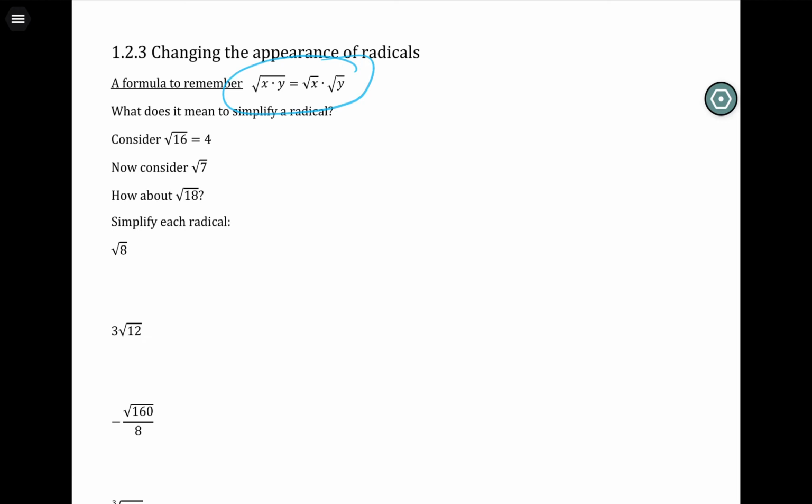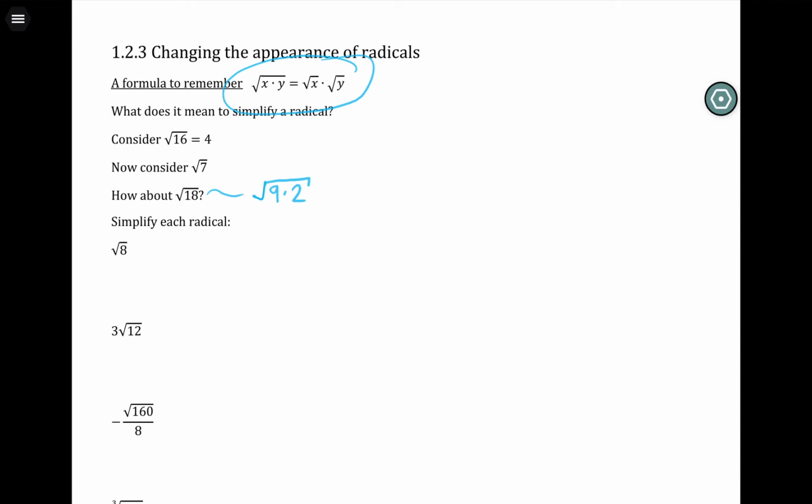Where it gets interesting is when we have numbers with factors, basically. Sometimes that gets interesting, not always. So the square root of 18 is a really good example because not only does 18 have factors, it happens to have a factor that's a perfect square. So 18 is 9 times 2.